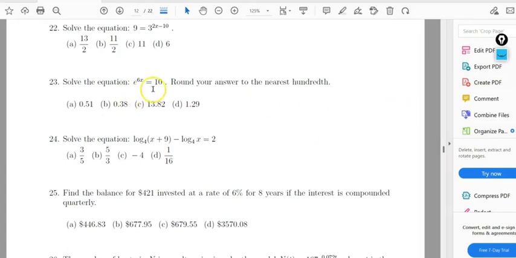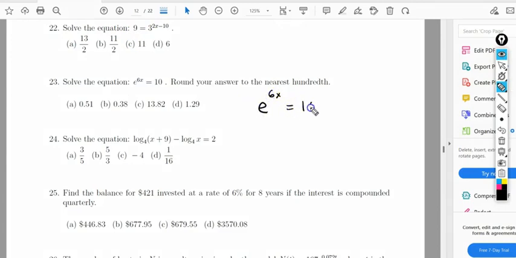Now, I cannot write 10 as a power of e. So I can't solve this the way I did in number 22, because I was able to rewrite 9 as a power of 3. So what I'm going to do on this one is the conversion. Now, if you have something in this form, you can convert it into logarithmic form.